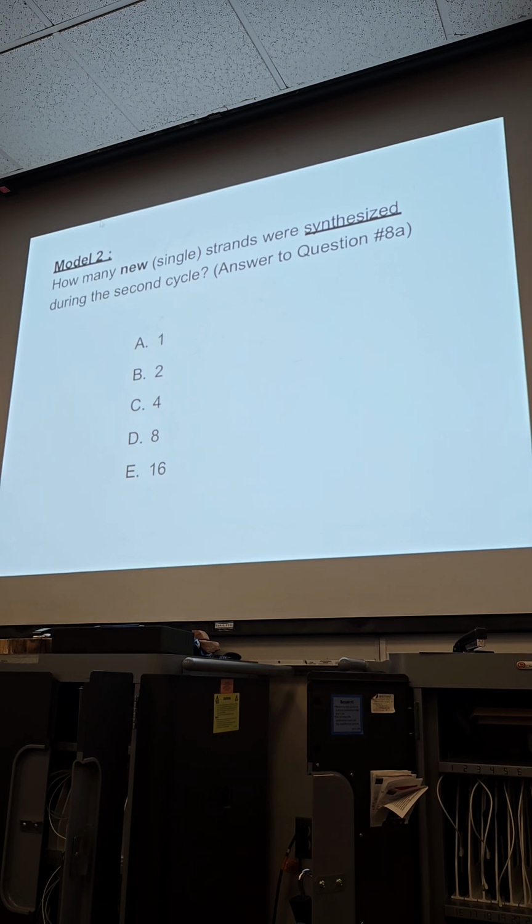Does that sound good? I mean, that's what we did over there. Let me see. How many strands after the second cycle? Because I was thinking 4. Yeah, we did that. That is 4, and that's 2, and that's 25.